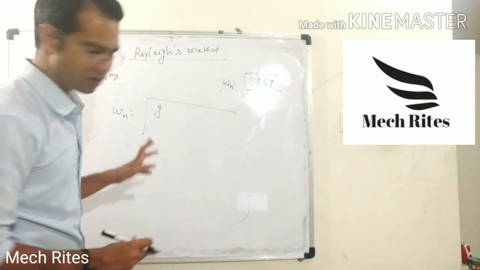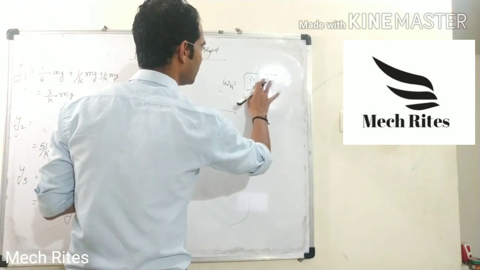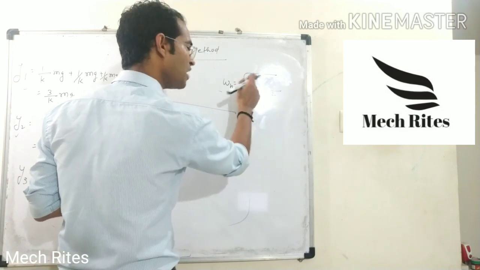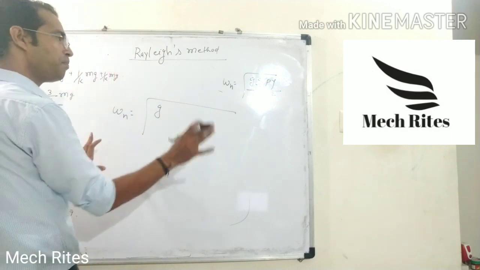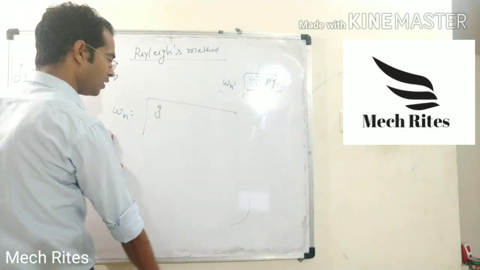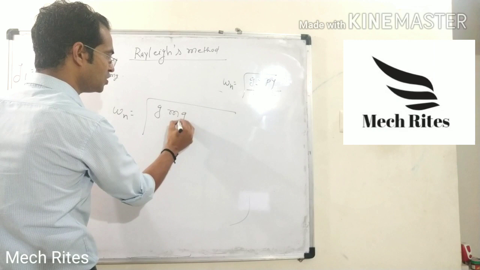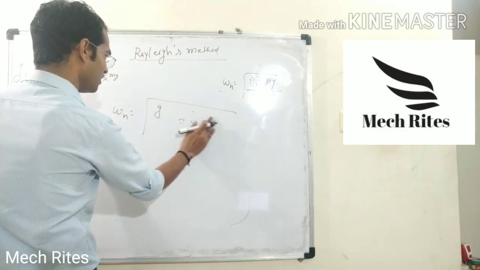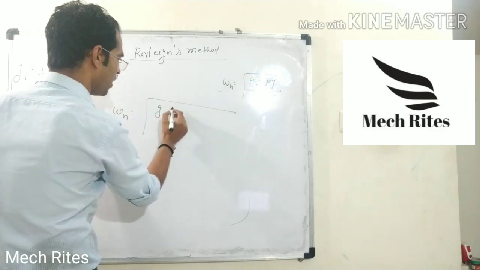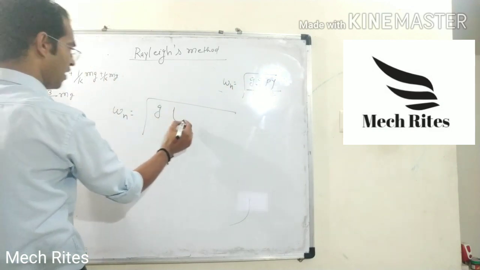If p is the same, then you may write it. Otherwise p y. Since p is the same for all three masses, we will write mg and summation of y.